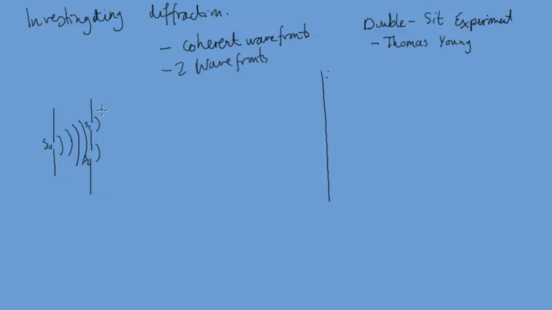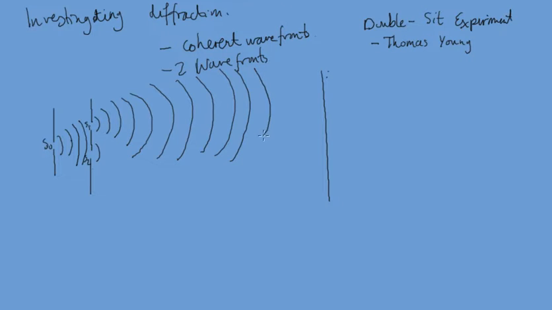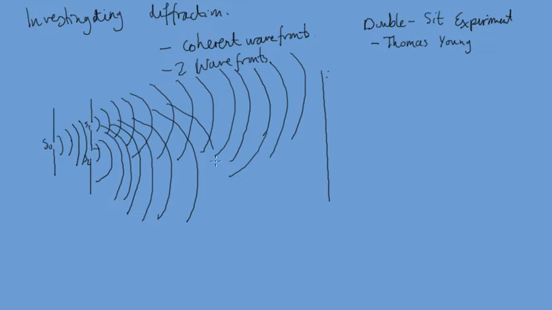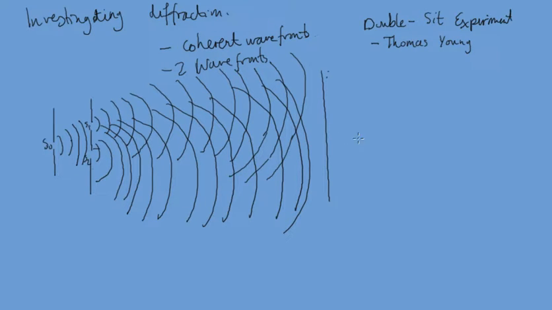So the wavefronts will spread out like this. As you can see, as they spread out, they are going to interact with each other. Just like what we saw in our last lesson, they will create a wave pattern.